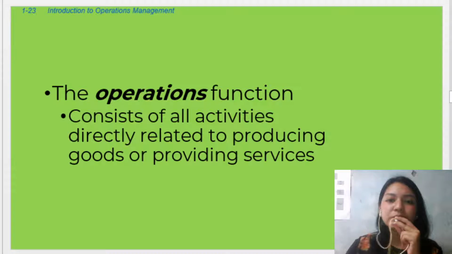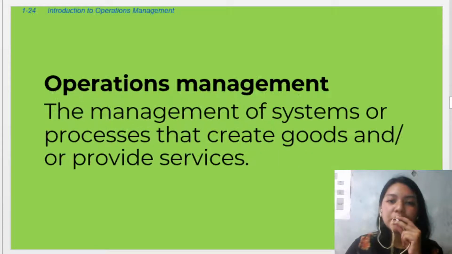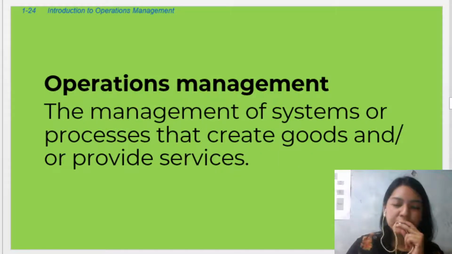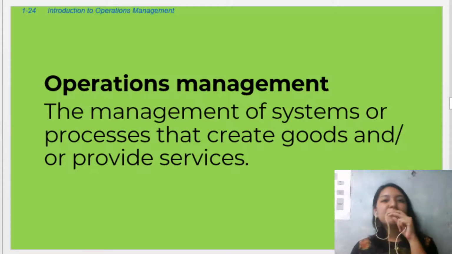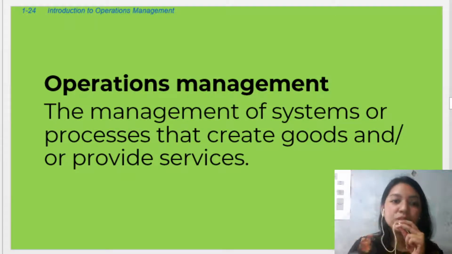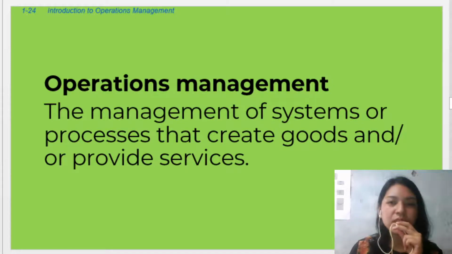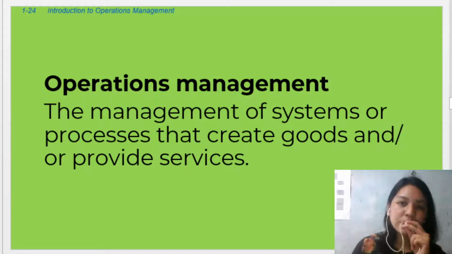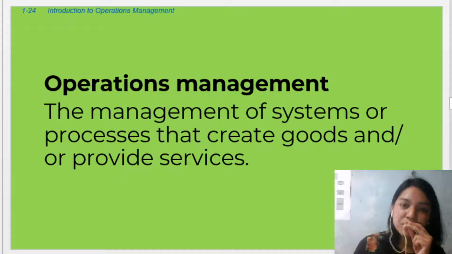Now, what about operations management? Operations management is the management of systems or processes that create goods and provide services. The systems that are being used in operations and the management of that system is what we call operations management. Okay?